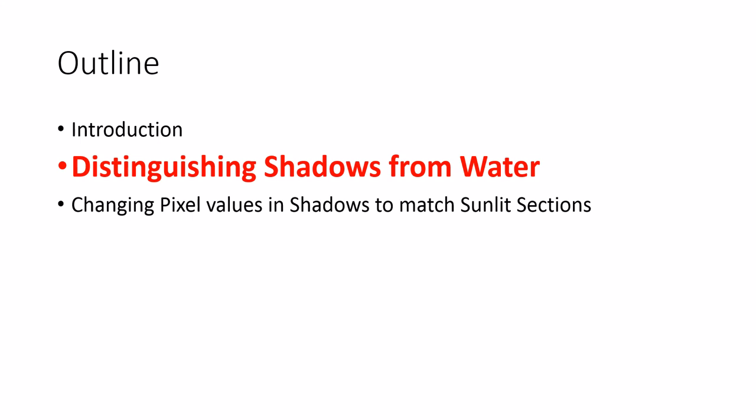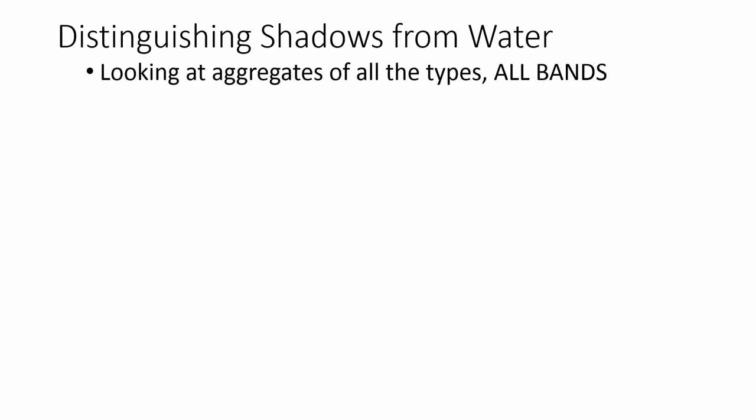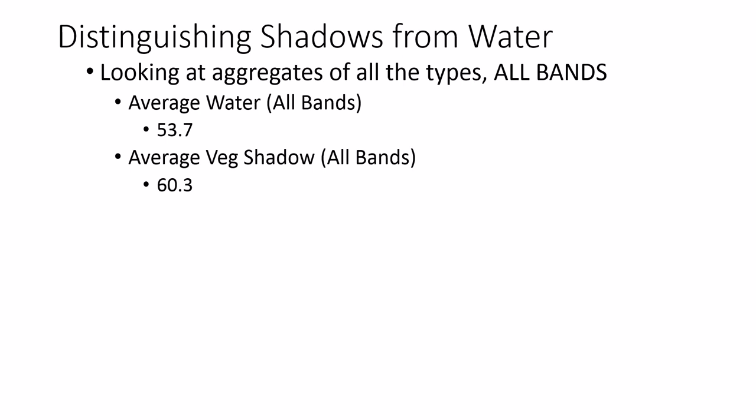So the first question: how can we distinguish shadows from water? When we look at the average of water versus the average of vegetation in shadow, the averages are close together and they would be hard to distinguish using statistical methods.